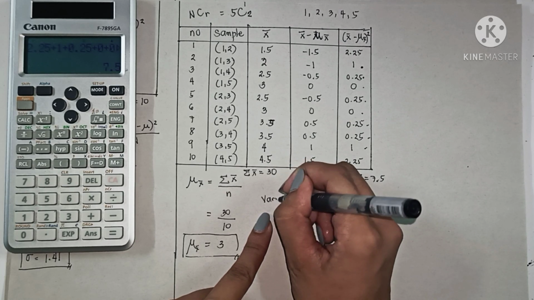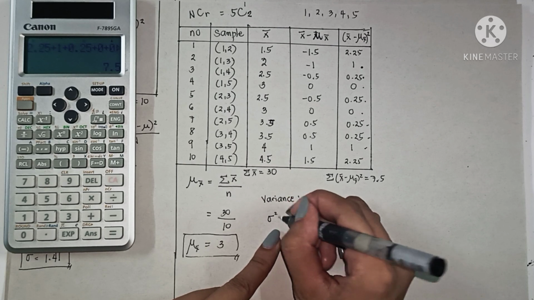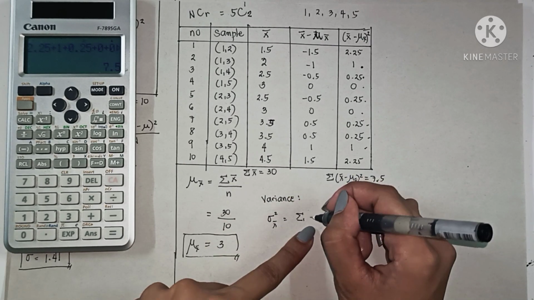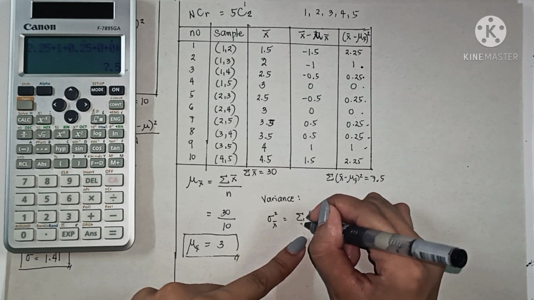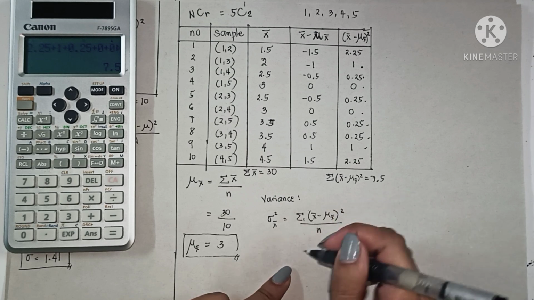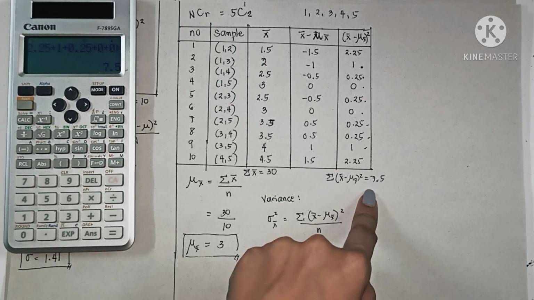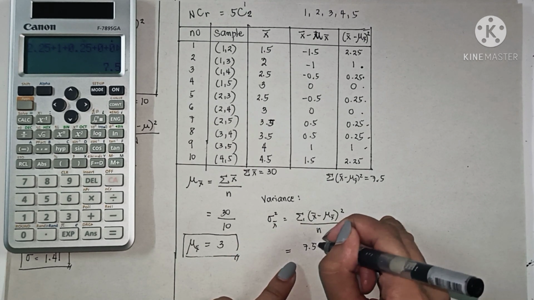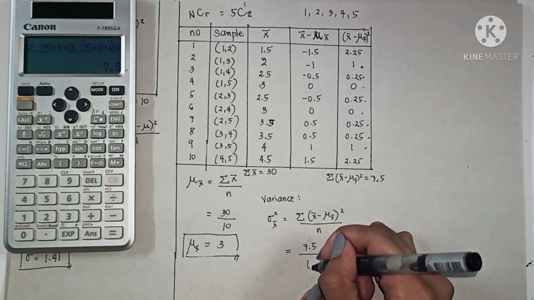And for the variance, so meron tayong sigma squared sub x bar is equal to the summation of x bar minus mu sub x bar squared over n. Okay, and that is equal to 7.5 divided by n natin, which is 10.